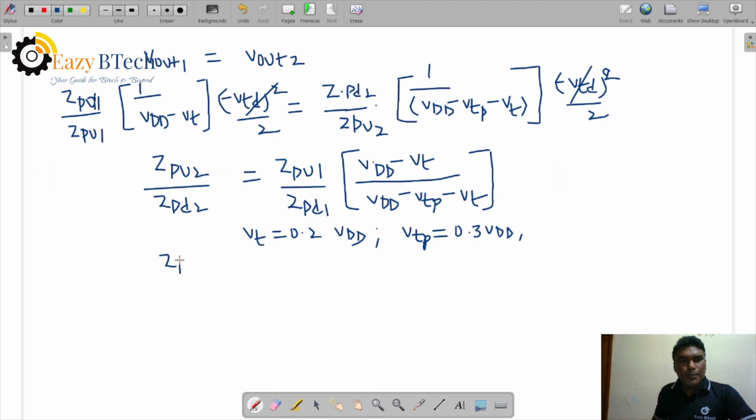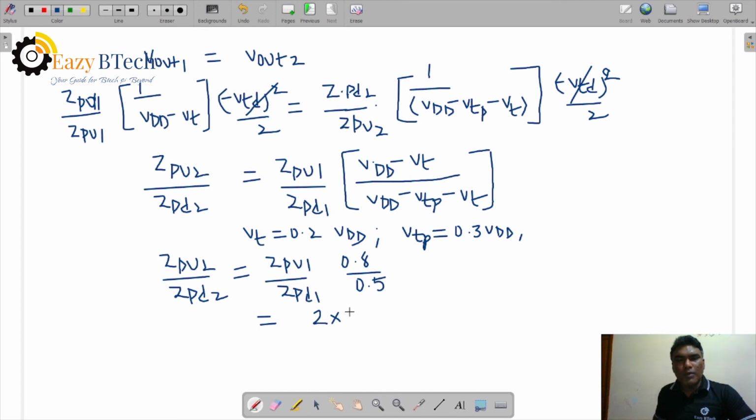Now Z pull up 2 by Z pull down 2 is equal to Z pull up 1 by Z pull down 1, and we substitute to get 0.8 by 0.5. So it is a ratio. Z pull up by Z pull down 1, we have already seen, the ratio is 4 by 1. So 2 into 4 by 1 will be equal to 8 by 1 ratio.